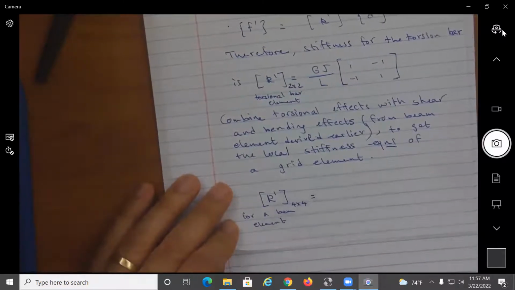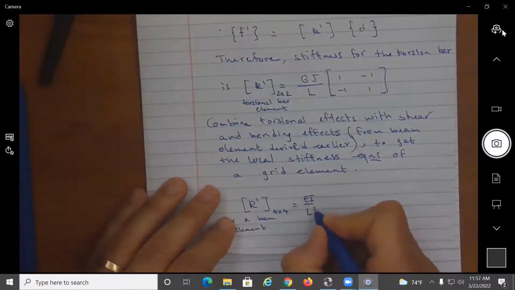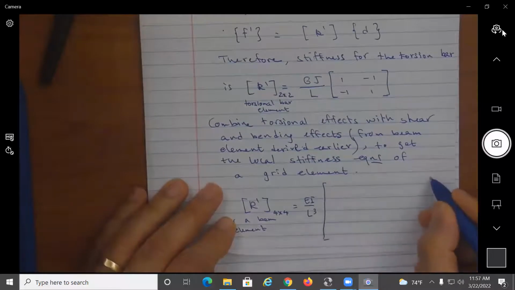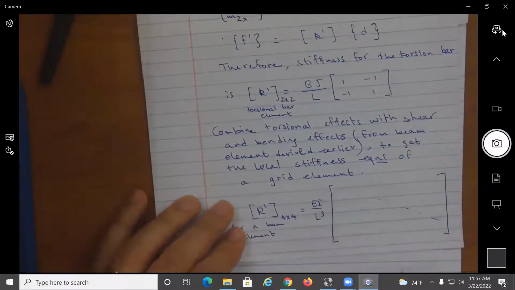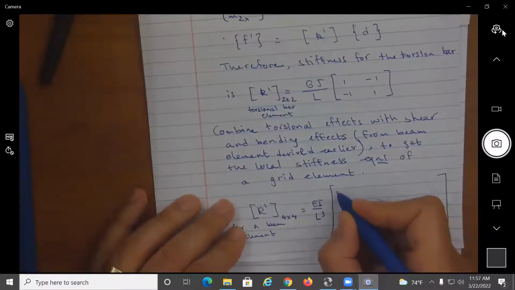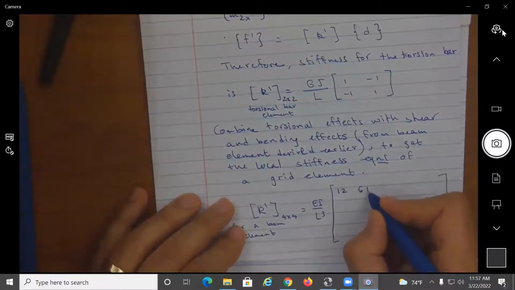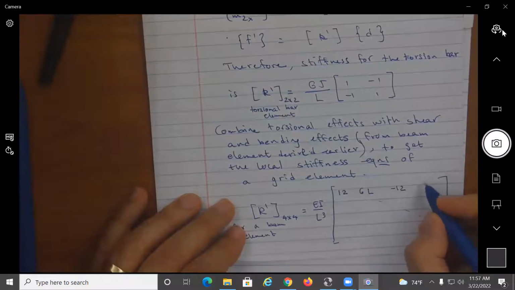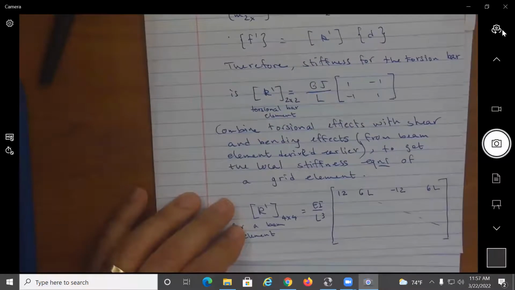And it was equal to EI over L cubed, and was a symmetric matrix. We had here 12, we had the 6L, we had minus 12, and we had 6L.